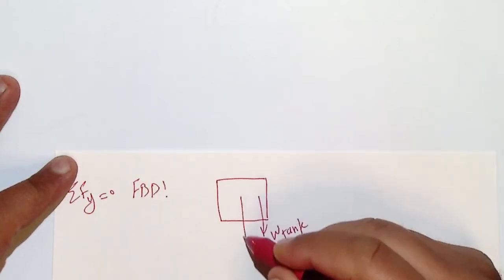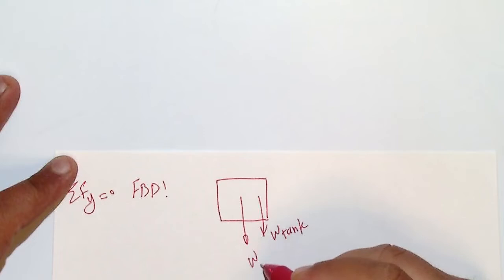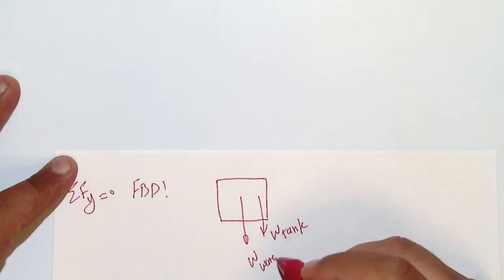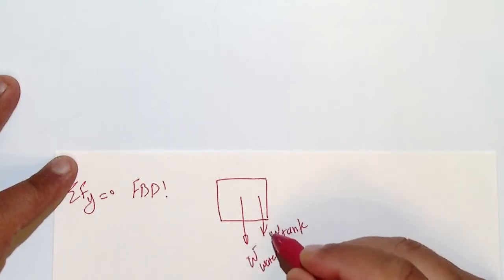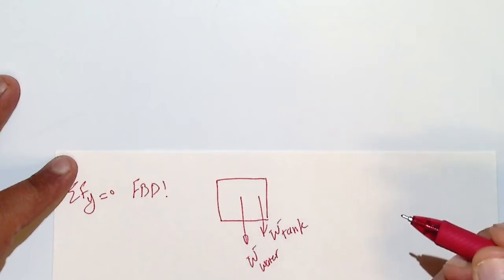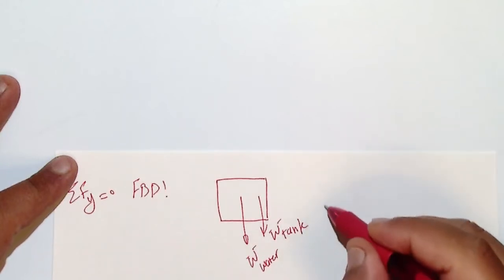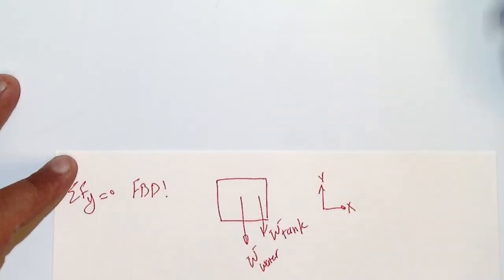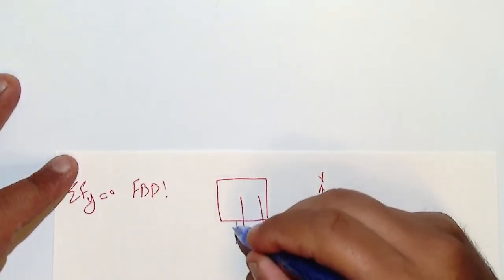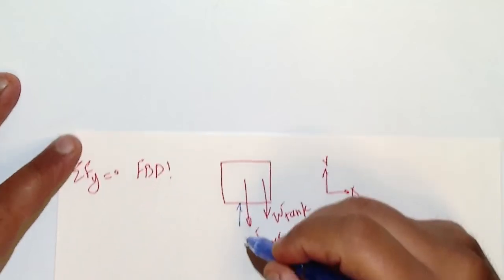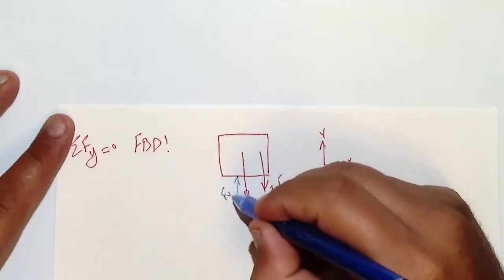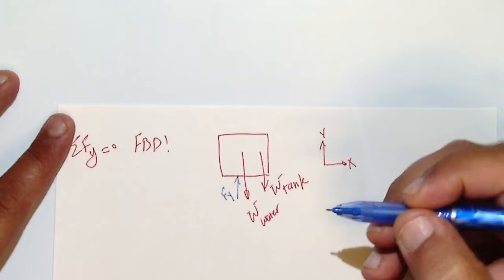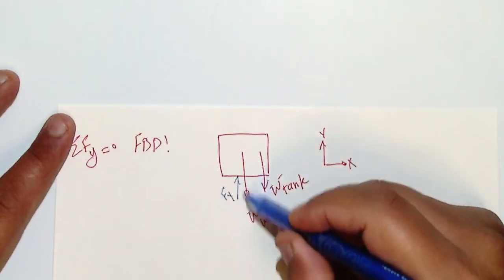You have fluid inside of that, which is W of water, the weight of the water, and the weight of the tank. These two are downward, and that's your Y and that's your X, correct? What else do you have? You have another thing here, which is your scale, and this is going to be your Fy. Okay, this is the force.